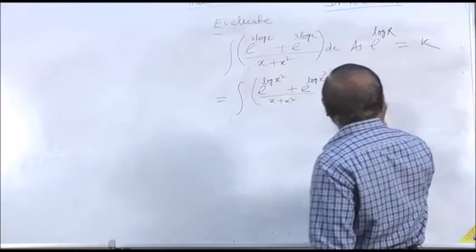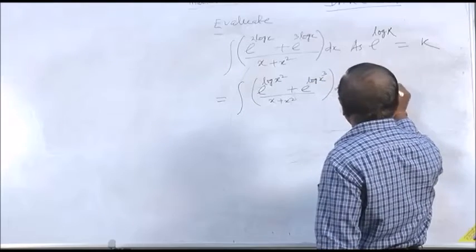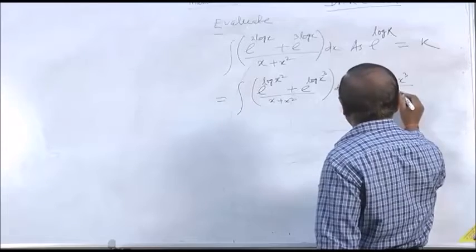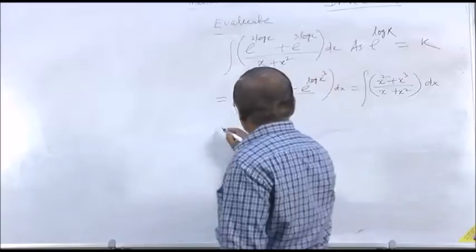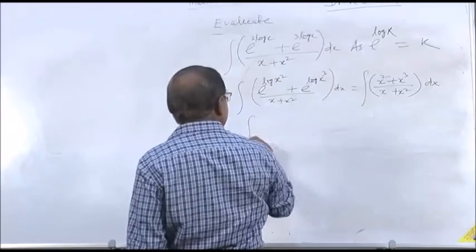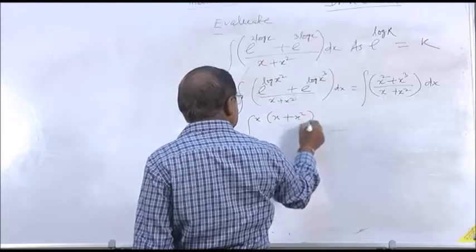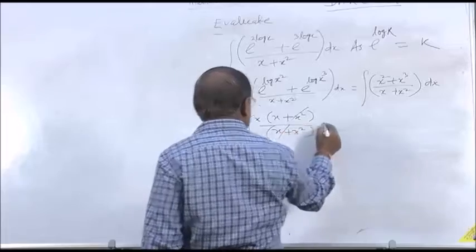So this will be integration, by applying this formula here, x square plus x cube by x plus x square dx. This is nothing. You see, you take x common. This will be x into x plus x square by x plus x square dx.